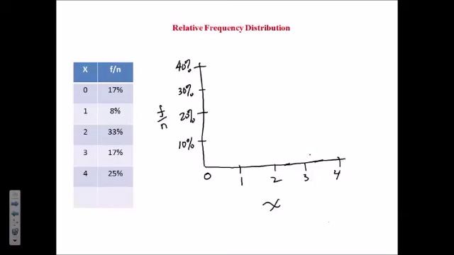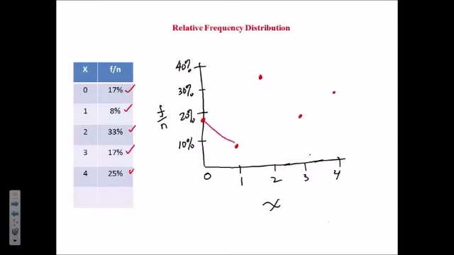Now we plot the points. 0, 17%. So from 0 we go up to 17, about there. 1, 8% here. 2, we go to 33% there. 3, 17%, and 4, 25%.